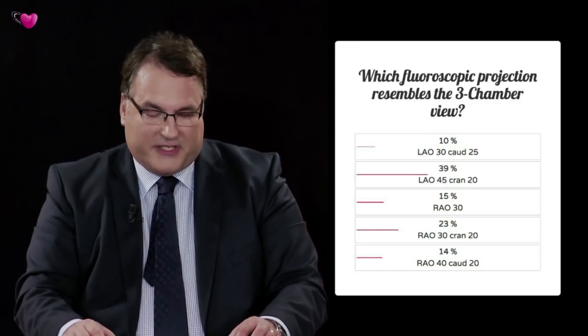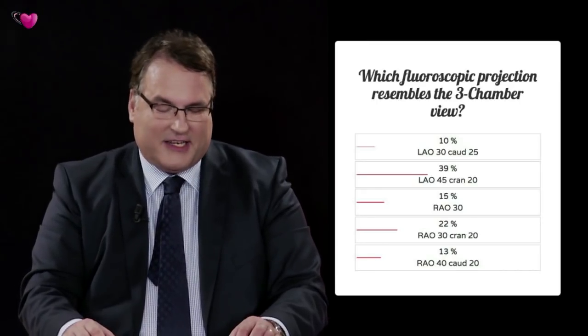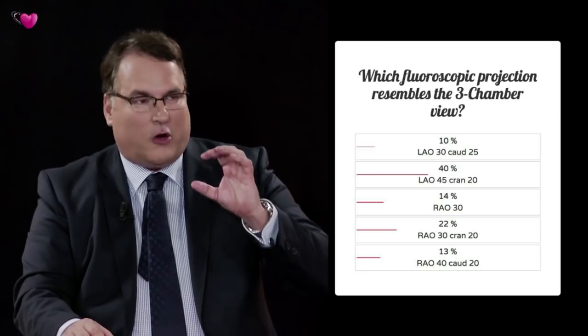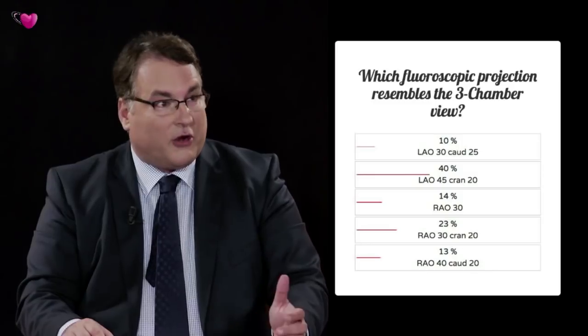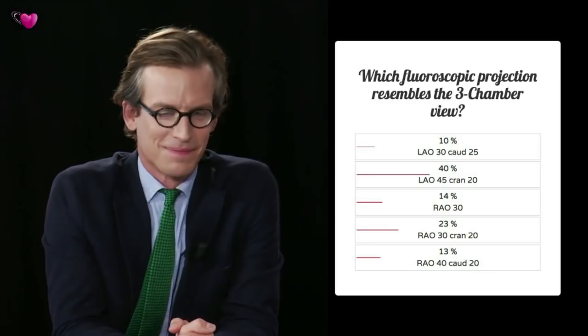It is interesting to note that both LAO projections, on the other hand, gained 10% in a caudal projection, which gives you the en face view to a valve, which gives you the mitral valve looking from above or below, from the ventricle. The so-called single chamber view.